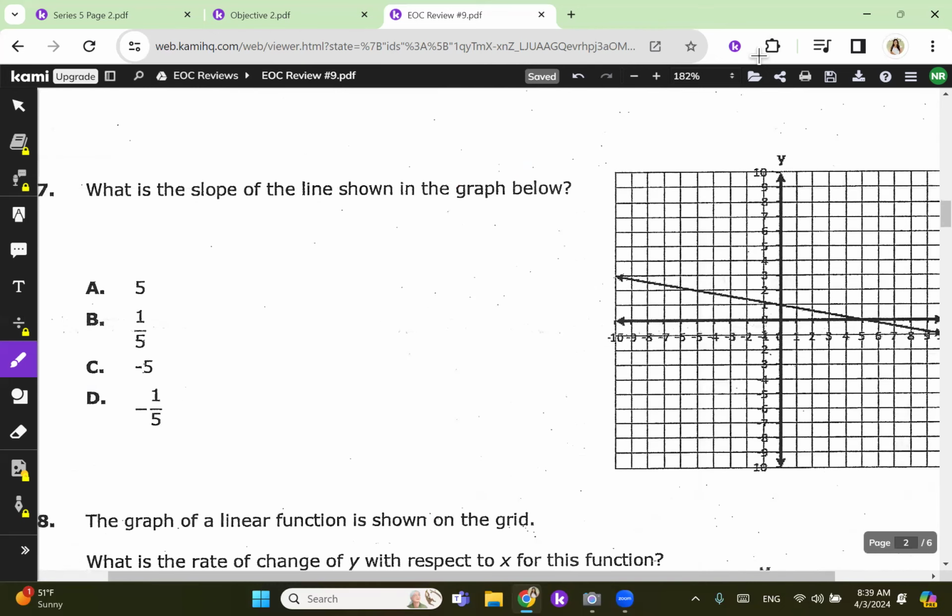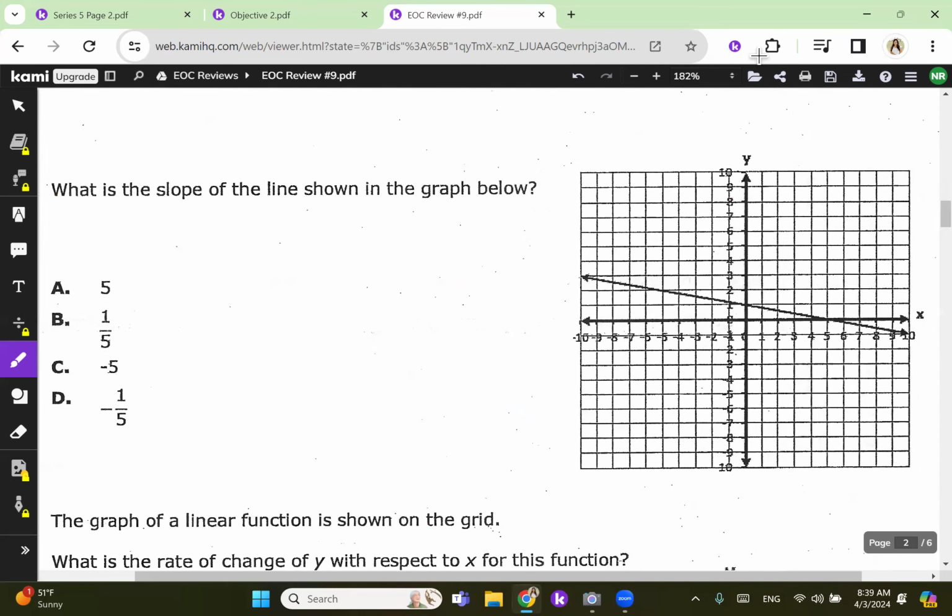All right, this one. What direction is the line going? The line is going up or down. It's going down. So that means our slope is negative. Now from there, pick 2 points. What are 2 points that we can use? 0, 1.